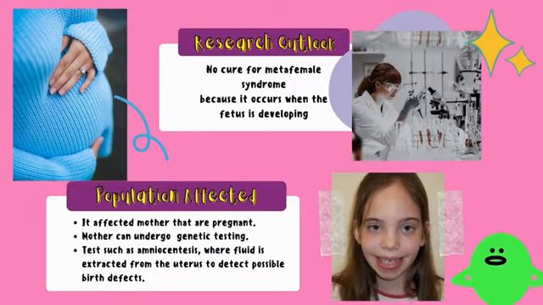Now we know that the mother can undergo genetic testing when pregnant. The test, such as amniocentesis, is where fluid is extracted from the uterus to detect possible birth defects and can provide the diagnosis of XXX syndrome before birth. But at the same time, from the research outlook, we found that there is no cure for meta-female syndrome because it occurs when the fetus is developing.